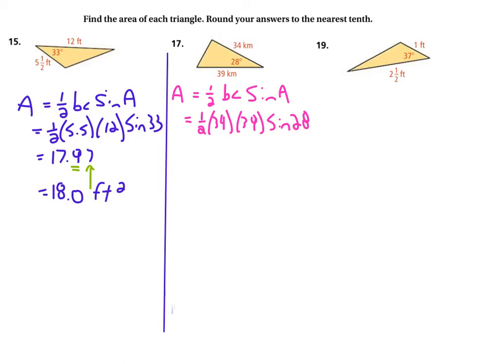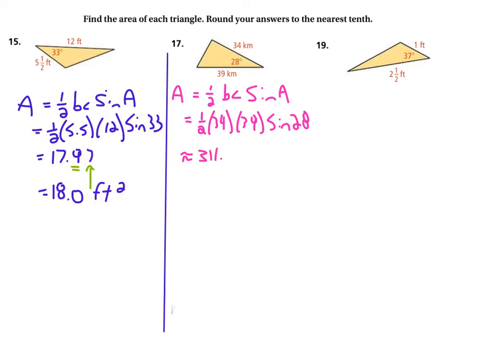Let me do it. Got sine of 28 times 39 times 34 times 1/2. And we get 311.25. I should actually be putting approximately equal for all of these.